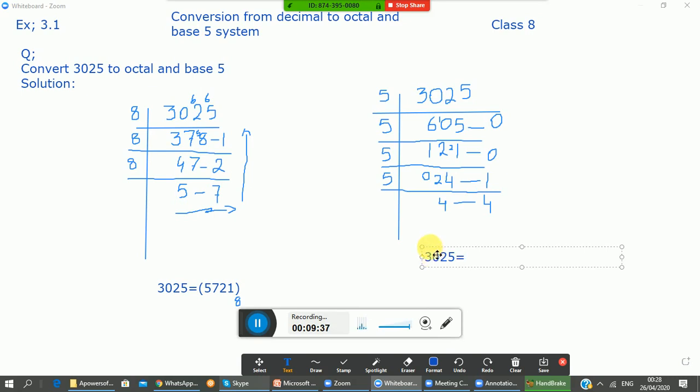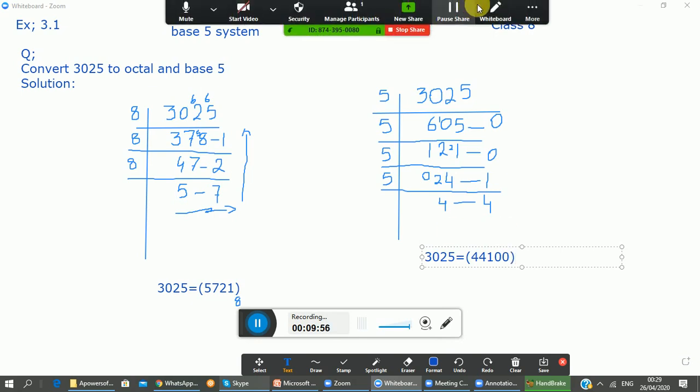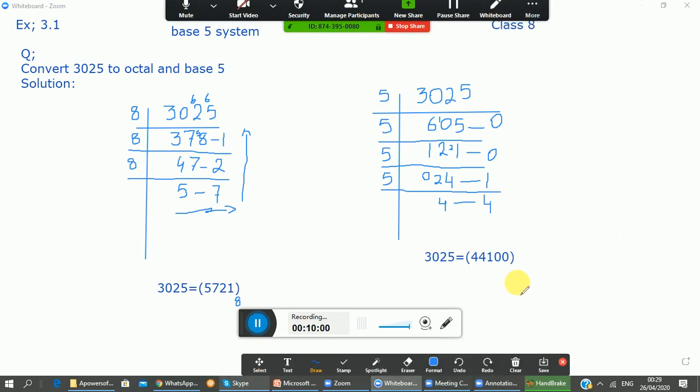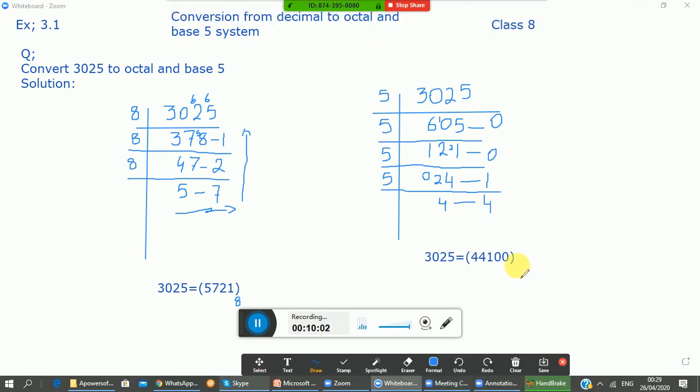The first remainder we will move first in a right direction, and then we will move in upward direction. Okay, so write the remainder 4 4 1 0 0, and its base is 5.